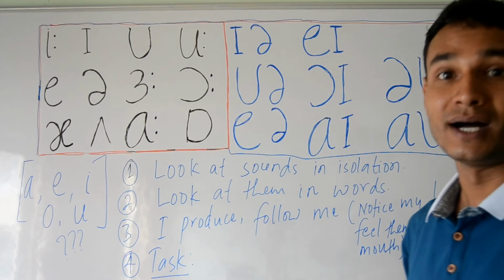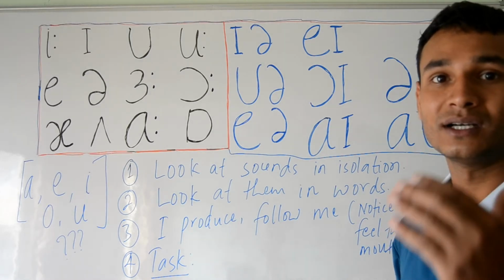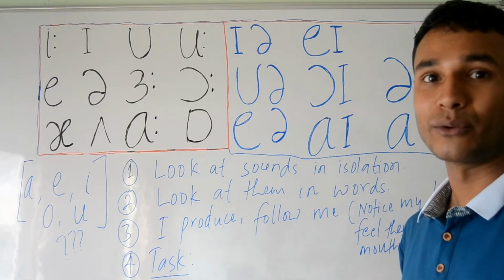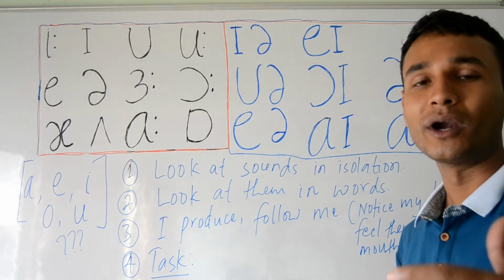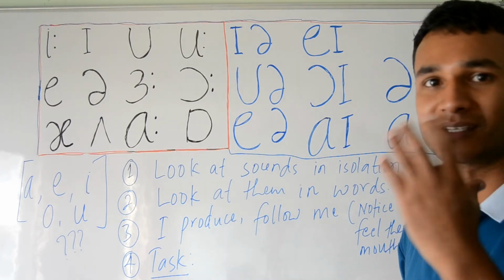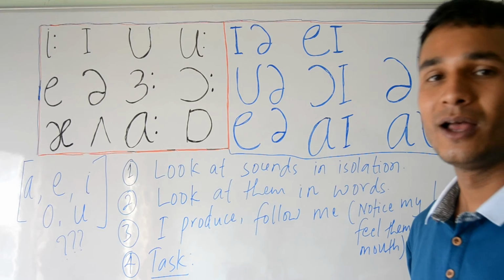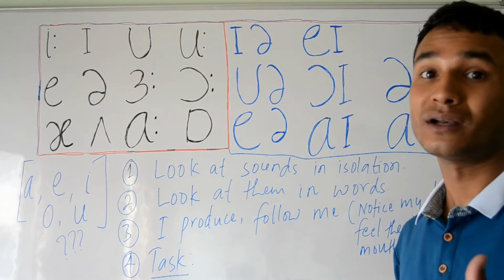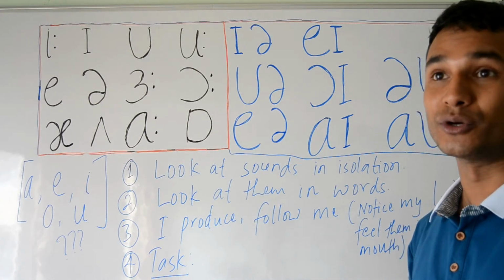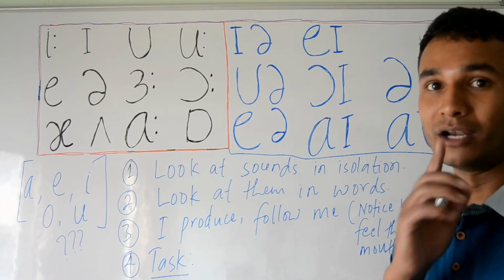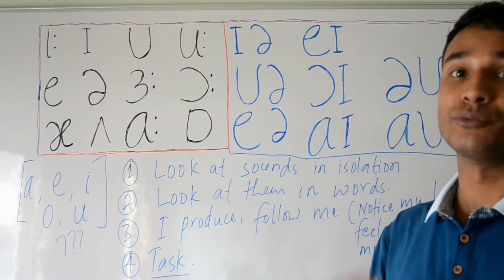You notice my lip posture, and also I will give you some tasks where you have to work with your organs of speech, for instance, tongue and lips. Sometimes you have to put your fingers on your lips, produce the sounds, and notice how you feel.